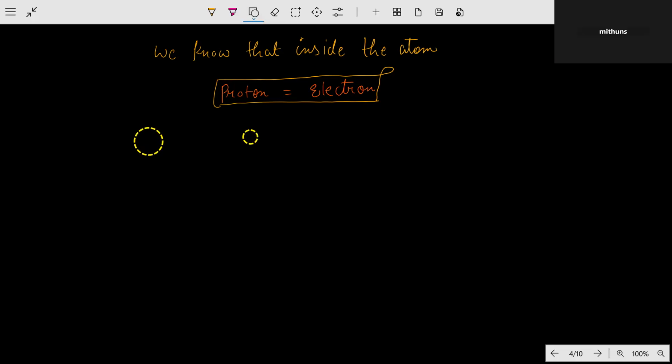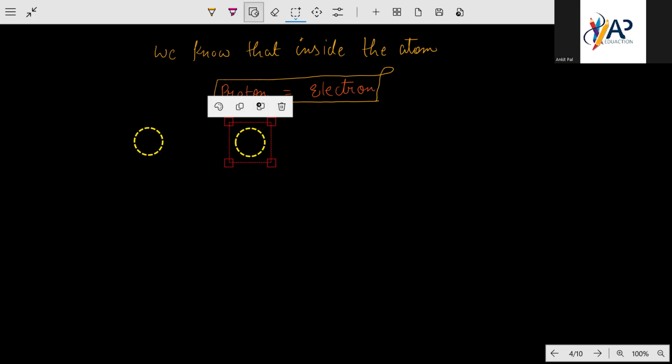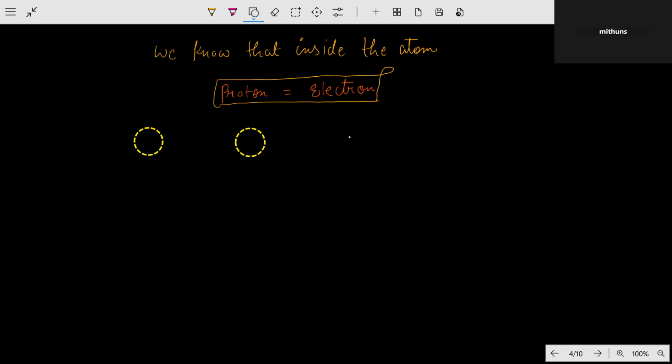Is it that when the atom loses some of its electrons it becomes positive, and if it keeps all of its electrons it's negative? Right.